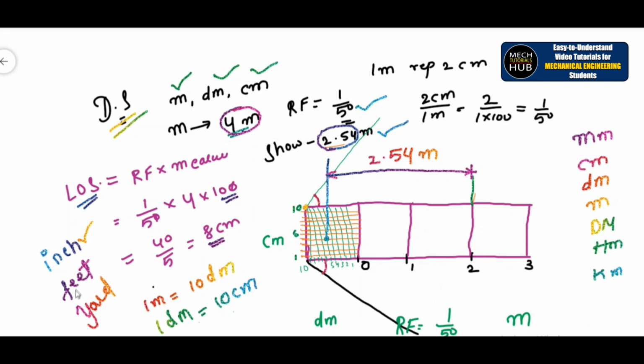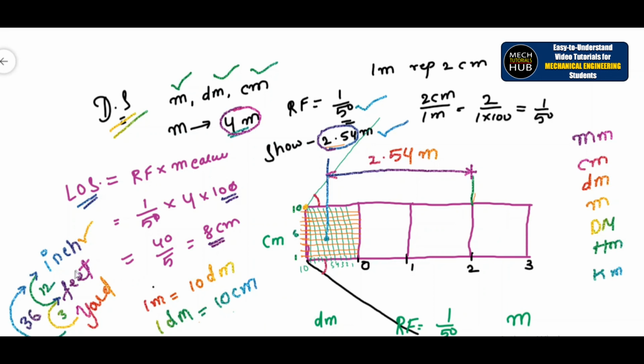Because as you know, 1 yard is equal to 3 feet, and 1 foot is equal to 12 inches, and maybe the question is 1 yard is equal to how many inches? So 1 yard is equal to 3 feet, 1 foot is equal to 12 inches, so 1 yard is how many inches? 12 into 3, that is equal to 36.